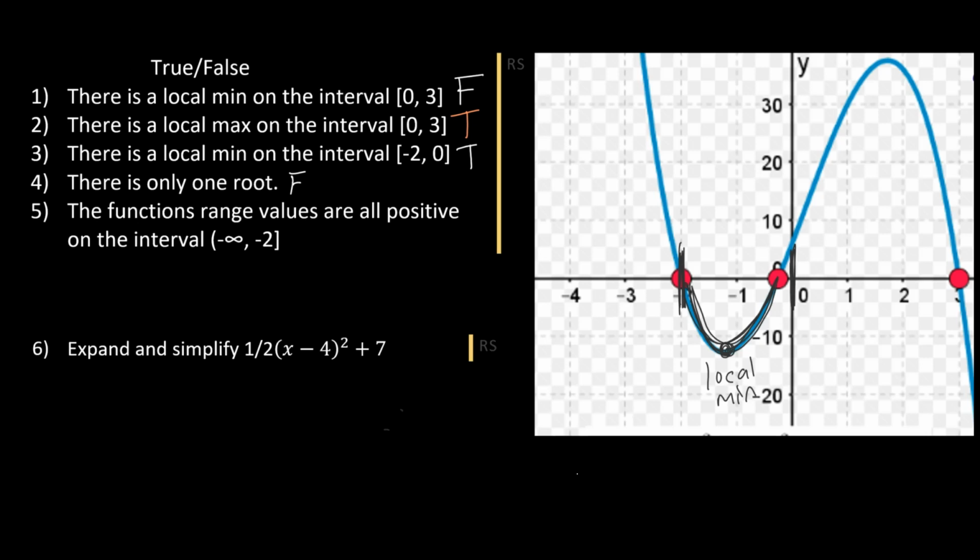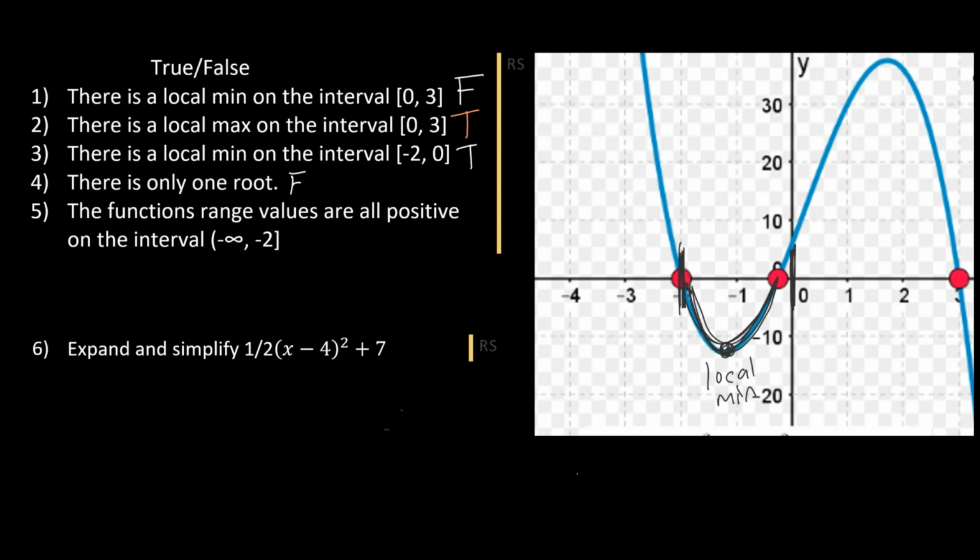The function's range values are all positive on the interval negative infinity to 2. So here, am I looking to the left of my graph or the right of my graph? To the left, good. Are all of my range values positive there?